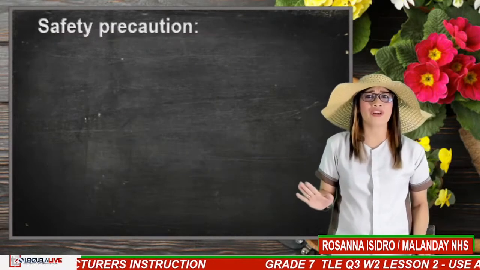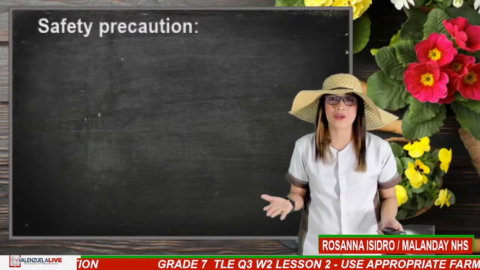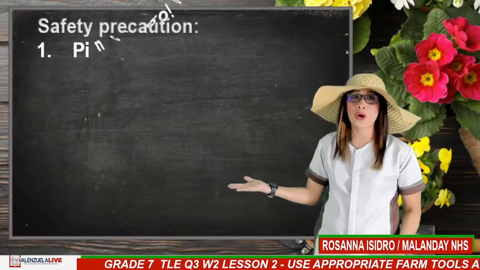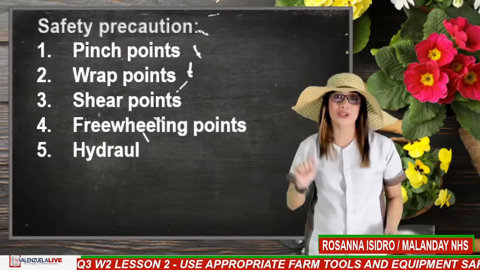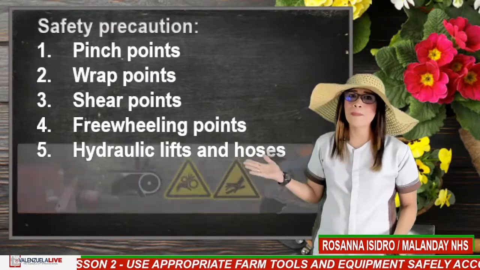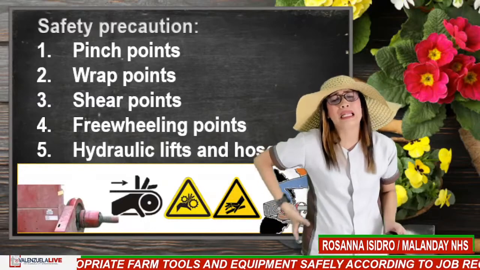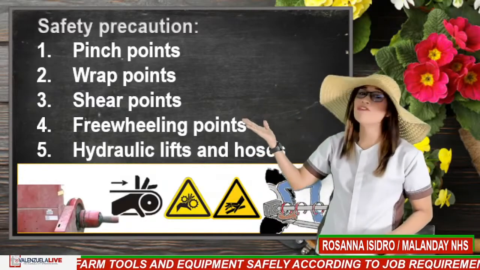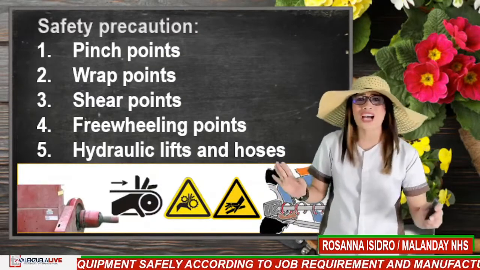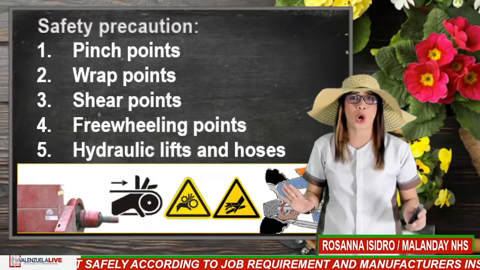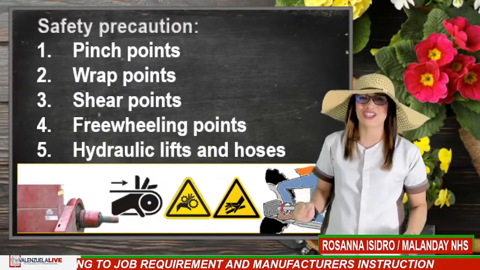There are safety precautions when we encounter hazards and risks. Those are pinch points. The most injured body parts are fingers. Second, rough points. These can catch on clothing and limbs. Third, shear points. Common injuries include crushing of tissue, laceration, broken bones, contusion, and amputations.